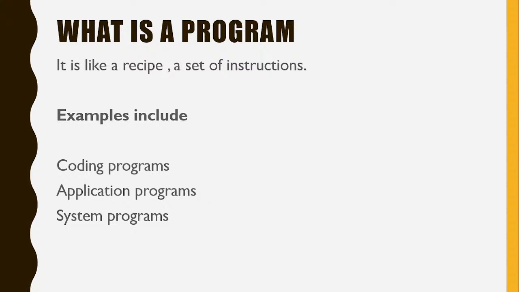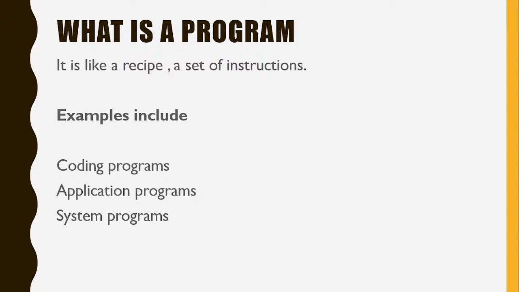For example, you are seeing that this presentation is created in PowerPoint, and PowerPoint is a presentation software, so you can take it as an example of an application program. An application program is created for a specific purpose only, not coding.